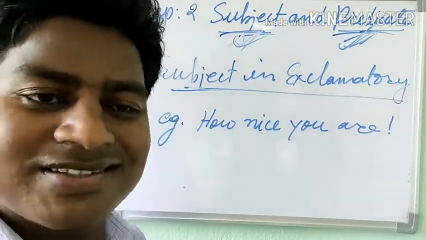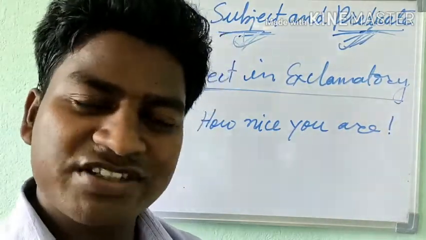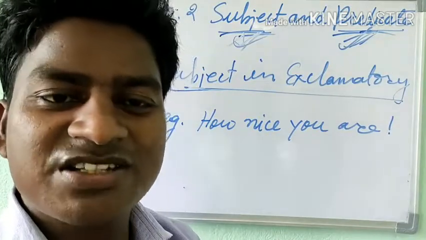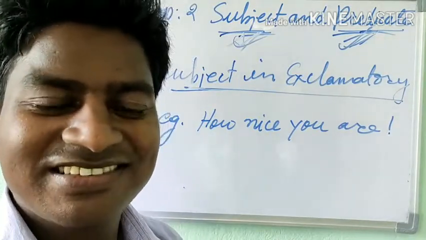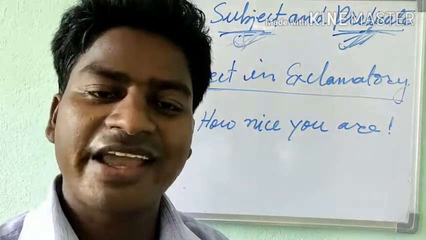We have also subject in exclamatory. Subject in exclamatory sentence. Now if you are given an exclamatory sentence, if you remember, it expresses our strong feelings, and we have an exclamation mark at the end of a sentence.